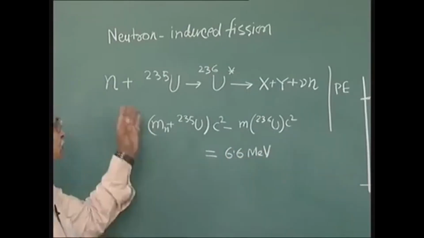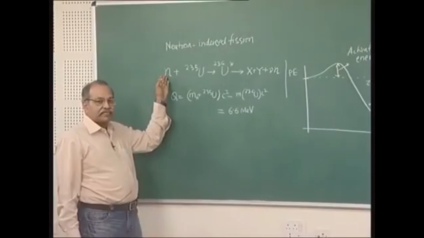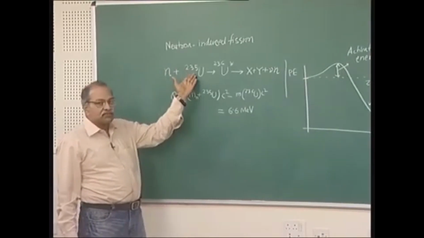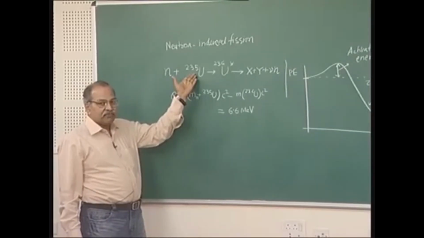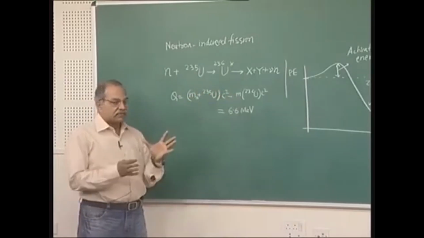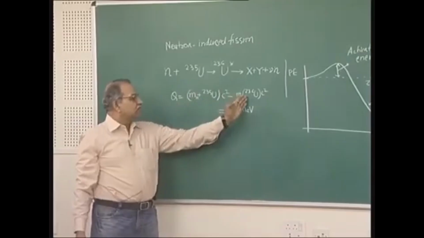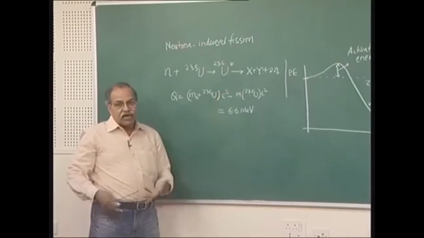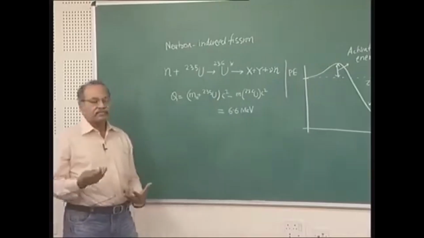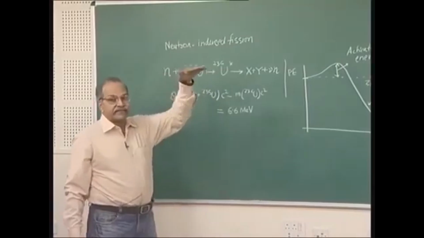So, if you send a neutron with almost 0 kinetic energy, and it gets absorbed into uranium-235, making uranium-236, that reduction in the rest mass energy will appear as excitation energy of this uranium-236, and it will be prepared in that excited state.